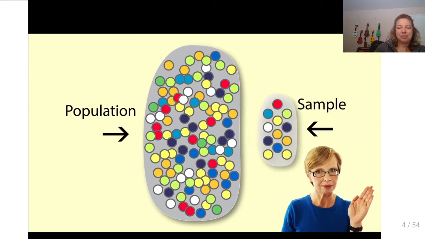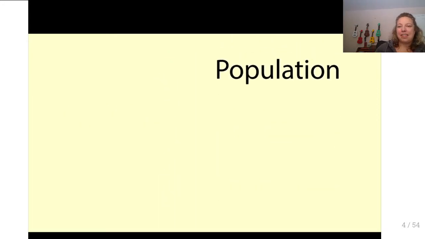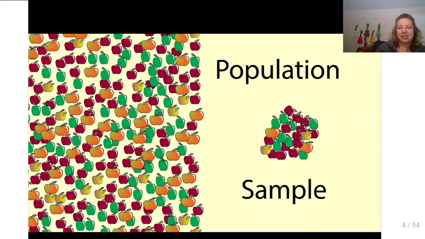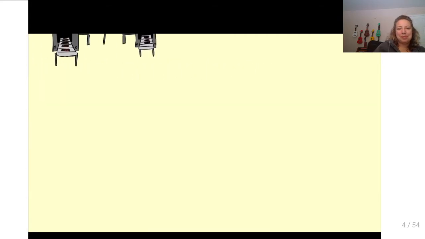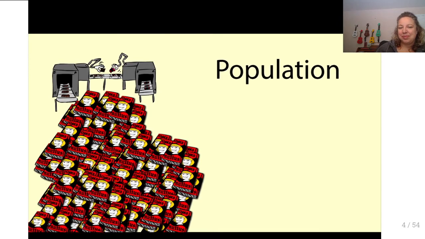Here are some examples of populations and samples. The population is all the apples in an orchard. A sample is 100 apples we pick from the orchard. The population is all the chocolate bars we produce on a machine.